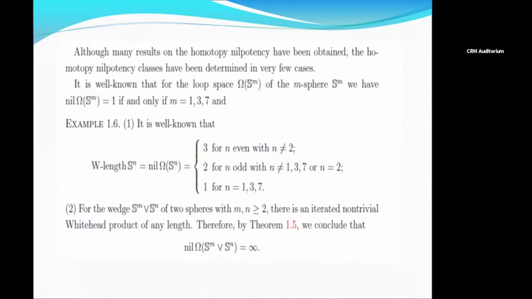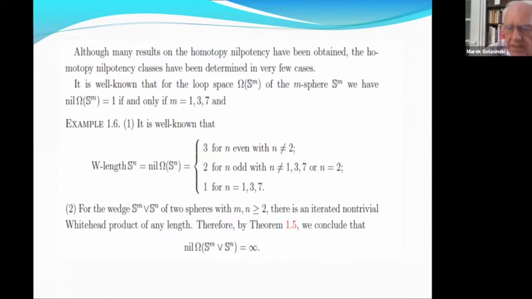But if you have spheres, then you can consider a wedge of spheres. And then we can see that the nilpotency class of the loop space on the wedge of spheres is infinite.